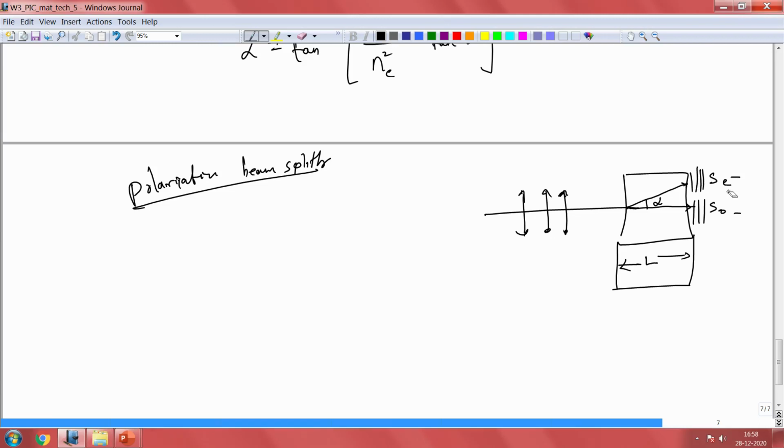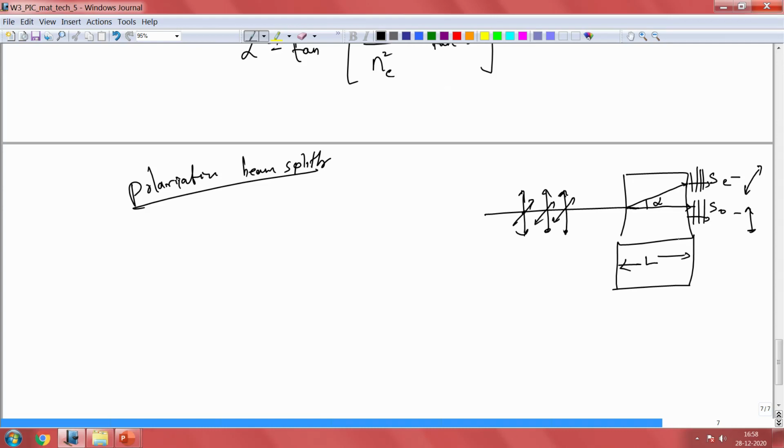The wave fronts are coming here, aligned in plane, so vertically aligned and also horizontally aligned. So there are two polarizations coming in and you can split them based on this.